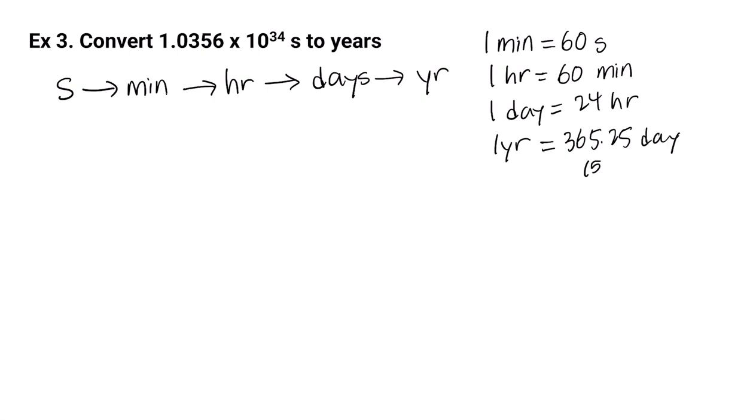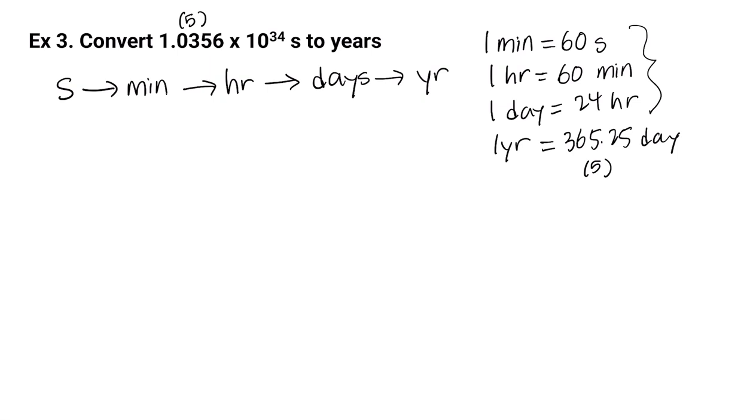So let's note that as 5 sig figs. And our given value has 5 sig figs also, so 5. And since these numbers are all definite numbers, we don't have to consider those sig figs.